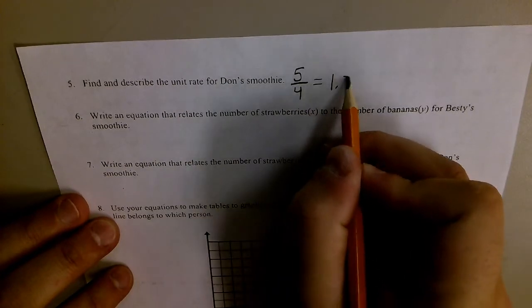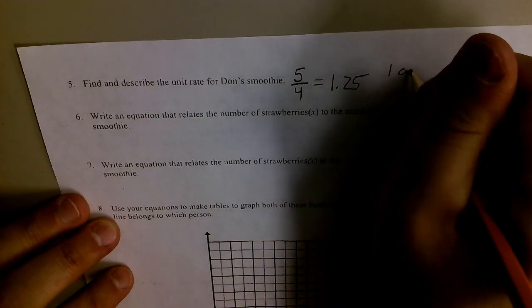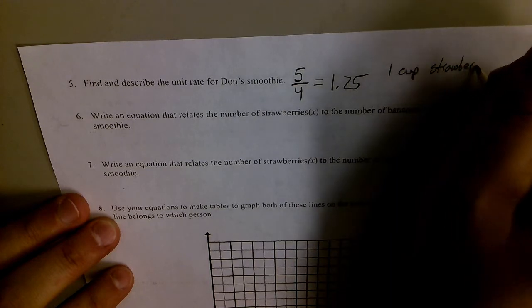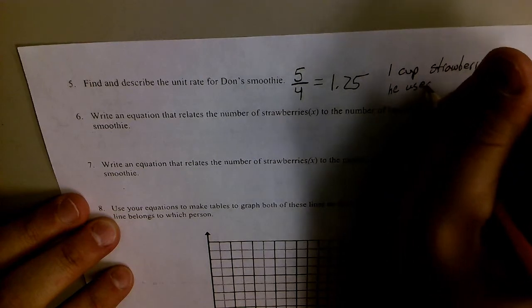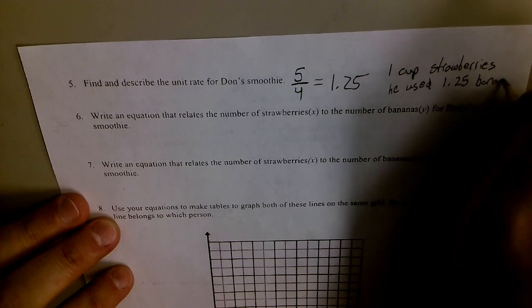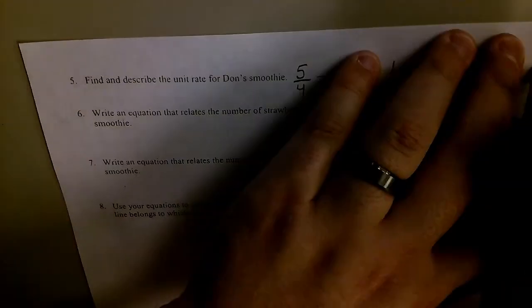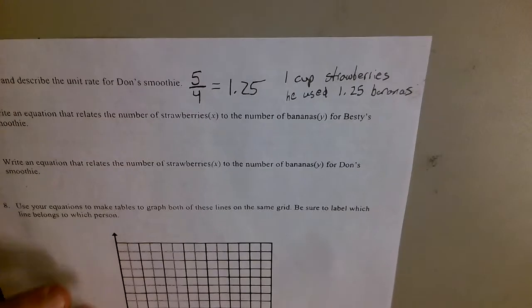His was 1.25, which means he used 1.25 bananas for every 1 cup of strawberries. Going a little too quick here, I think. So for every 1 cup of strawberries, he used 1.25 bananas.